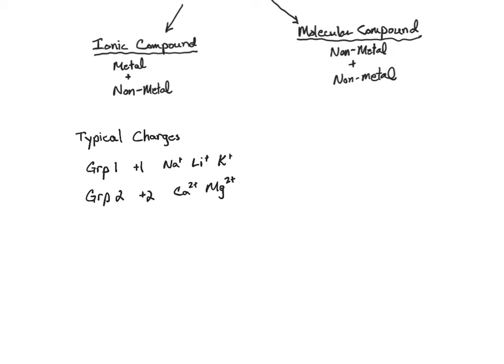Now, we're going to skip all the way over to group 13. Okay, and group 13 takes on a plus 3 charge. So that would be something like aluminum, boron. And then we have group 14.